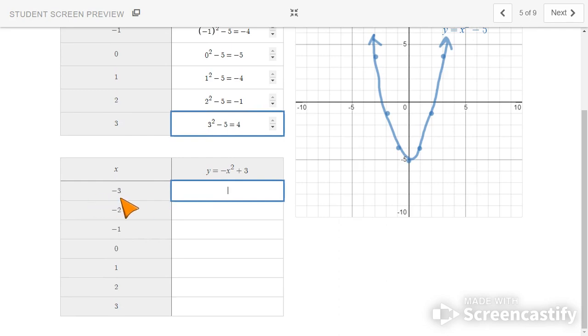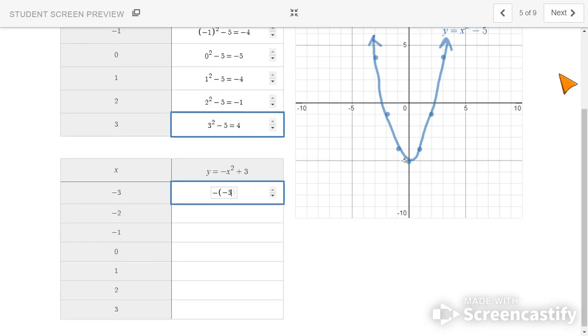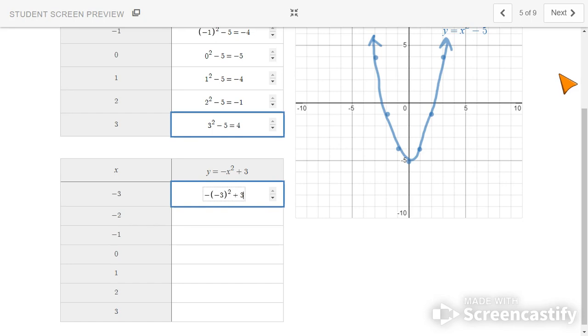We're going to graph another parabola. This time I have a negative in front, so let's remember to put the negative outside of our bracket. So I have +9 times negative, so -9 plus 3. That gives us -6.